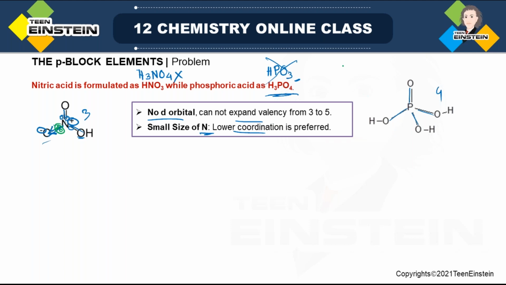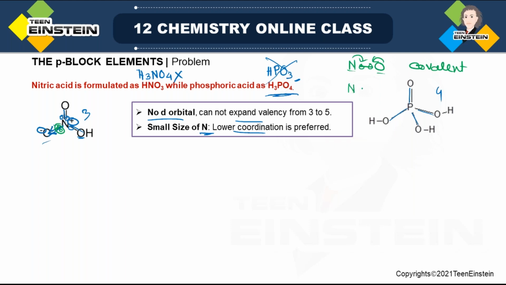So if it is a normal covalent bond, suppose there is a bond between nitrogen and oxygen, one electron is given by nitrogen, another electron given by oxygen. So this type of bond we will call covalent, because each atom is giving one electron. After that there is proper sharing of electrons.